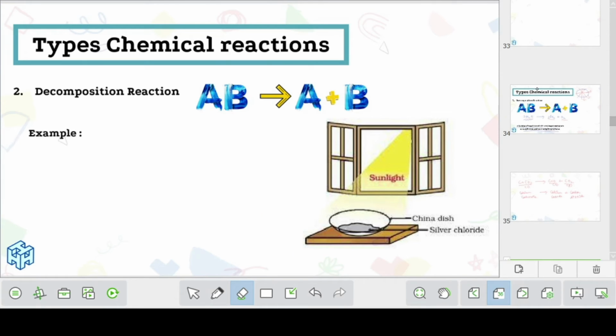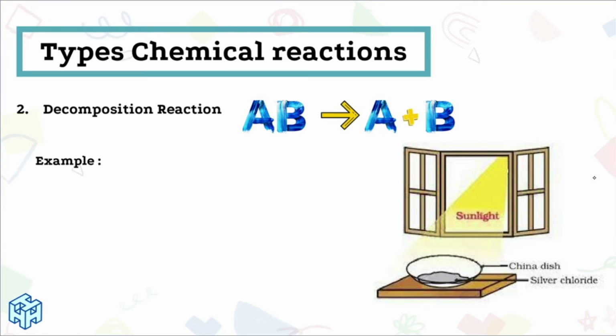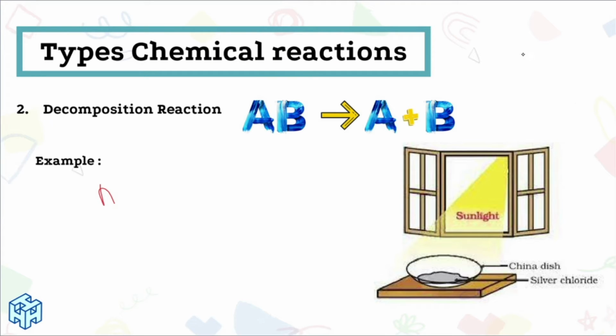Now, let me give you one more example of decomposition reaction. Let me consider I have silver chloride, that is Ag plus Cl, which is giving rise to Ag plus Cl2.